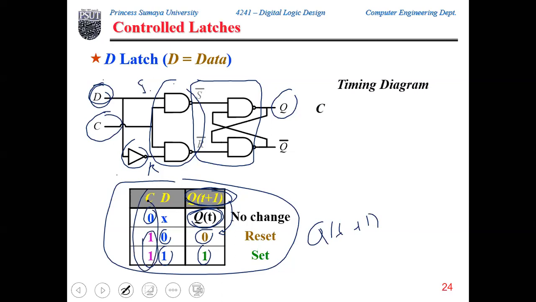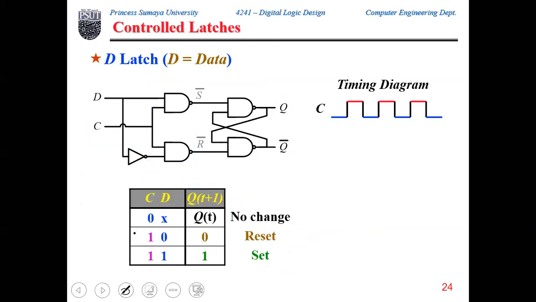If we look at the timing diagram, an example of the timing of this latch, let's say that the clock is something like this, which in this case is a periodic square wave. It repeats, okay? But it doesn't have to be this way.